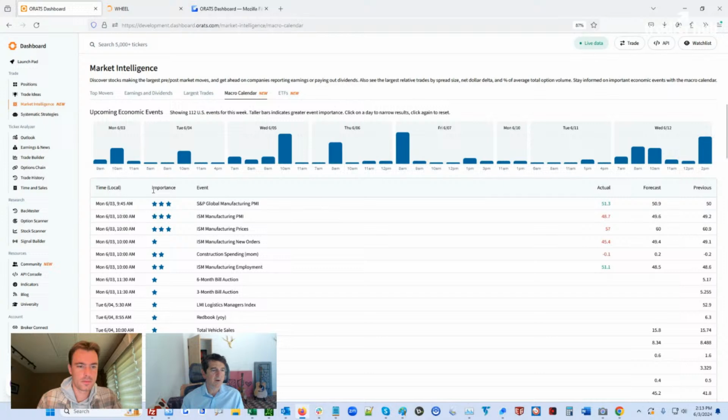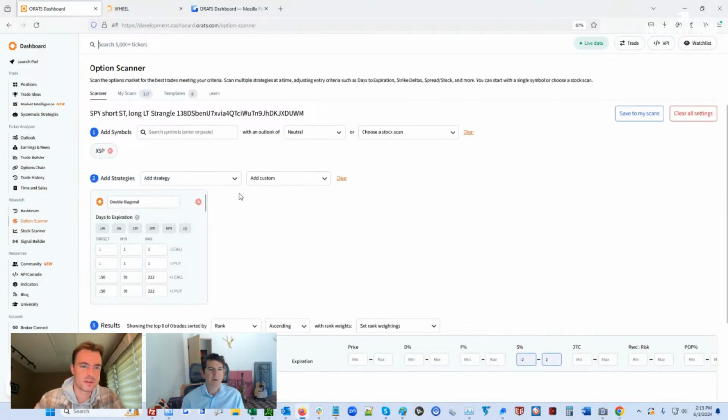How's that sound? Yeah. So is there an option scan that we can share with everyone to help scan for this strategy? Yeah, actually, that's a good point. So here's IWM. I've been using XSP because a lot of these you hold to expiration, and these close right at expiration. I think IWM does too, but we'll have to look at that. I'm not sure if they trade into, again, I'll have to check on that.